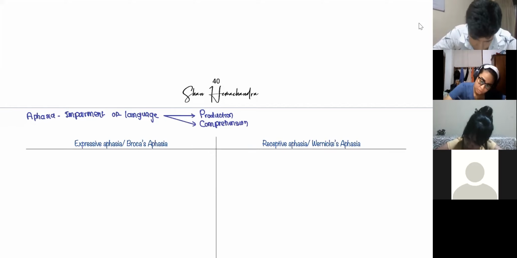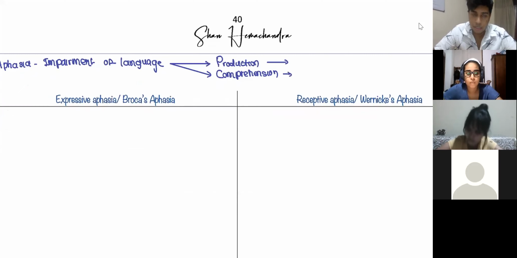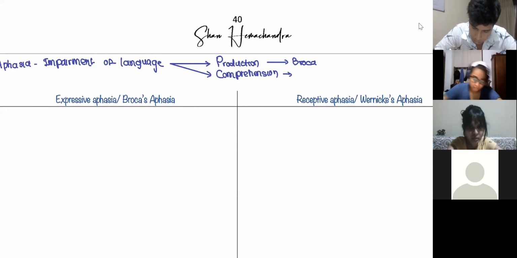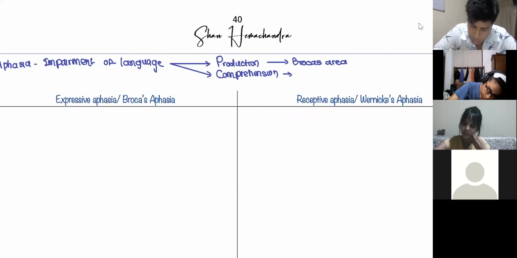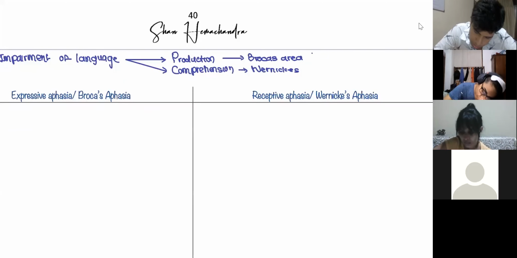Can someone tell me, production is by which area? What is the language center for production? Broca's. Comprehension? Wernicke's. So production is basically the expression, and Wernicke's is basically the reception.